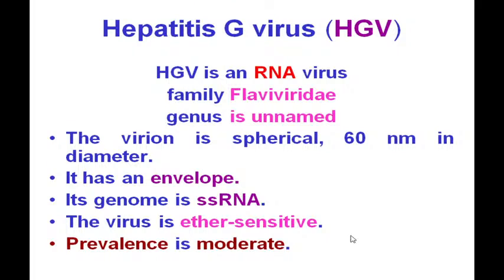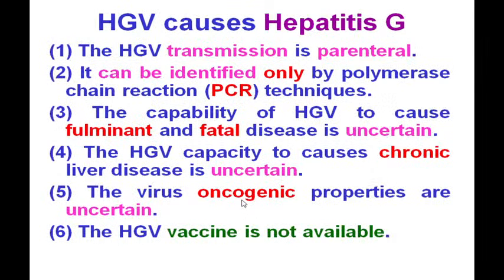What do we know by now about hepatitis G virus? It is an RNA virus and it also belongs to the Flaviviridae family, but the genus is unnamed yet. It is spherical and very similar to hepatitis C virus, 60 nanometers in diameter, enveloped, single-stranded RNA, ether-sensitive, and prevalence is moderate.